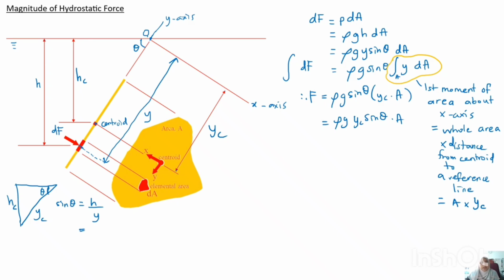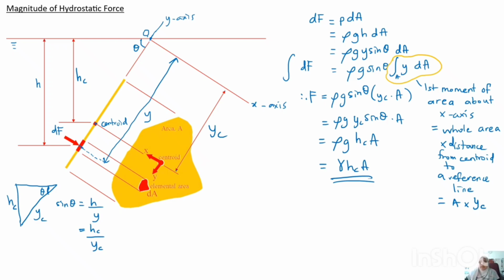Therefore, sine theta is also equal to hc divided by yc. So yc sine theta can be replaced with hc, or it can also be written as gamma hc A. So this should be the magnitude of hydrostatic force on a plane surface.